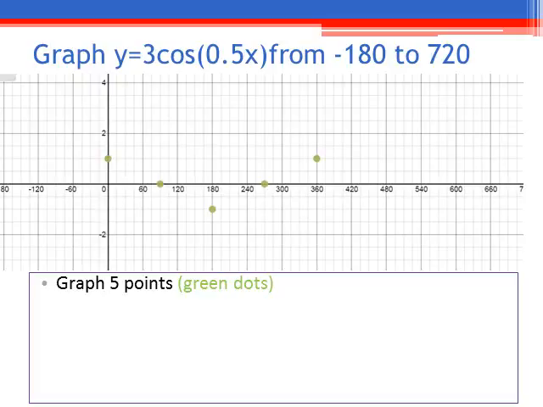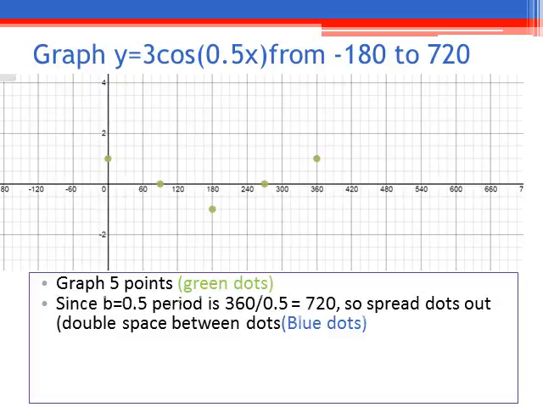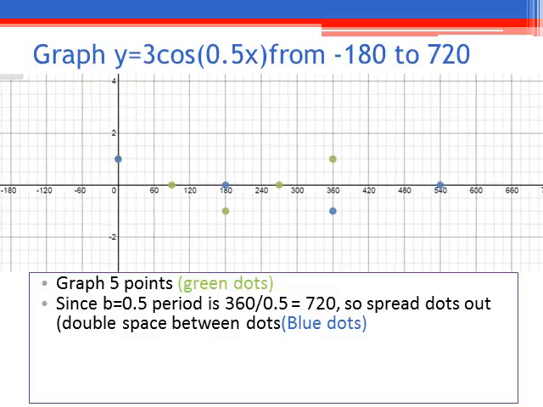And then we're going to change our period. We're going to do 360 degrees divided by 0.5 to get 720. So we're going to space our dots out so they're twice as far. So instead of hitting at 90, it's going to hit at 180. Instead of hitting at 180, we're going to do 360, and so on.